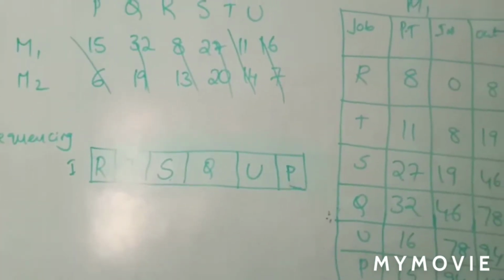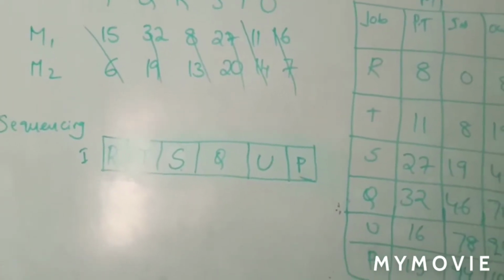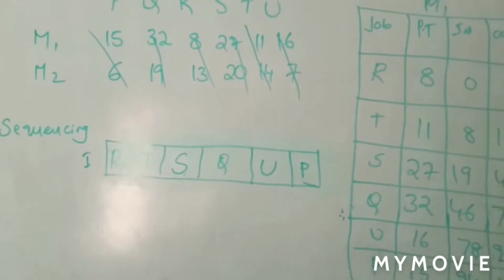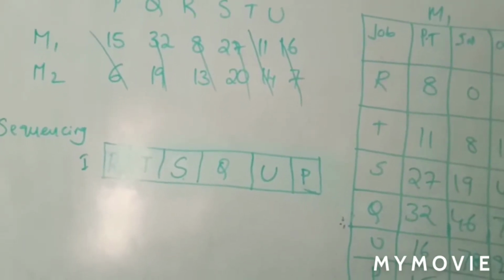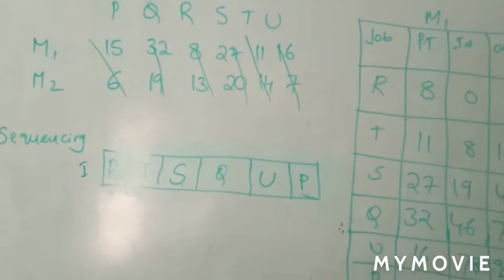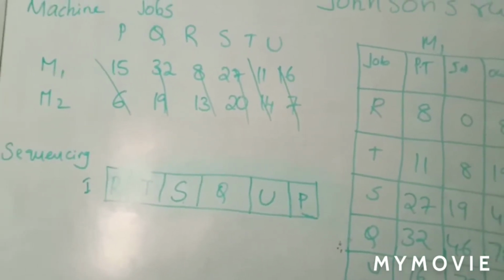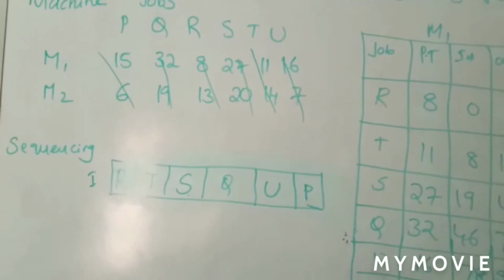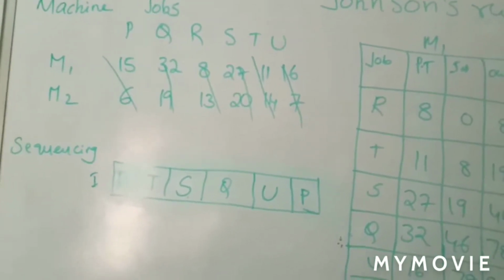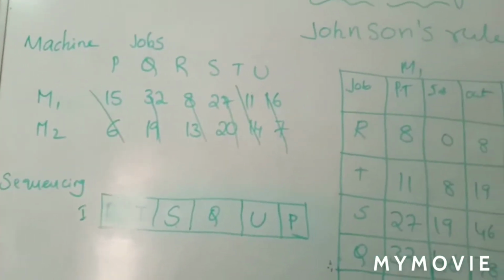Now in machine 1 and machine 2, which one is the least processing time? Observe here, the least processing time is 6. Number 6 means P for the second machine, so simply fill it on the right side.